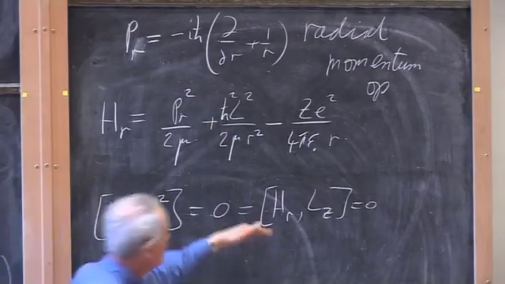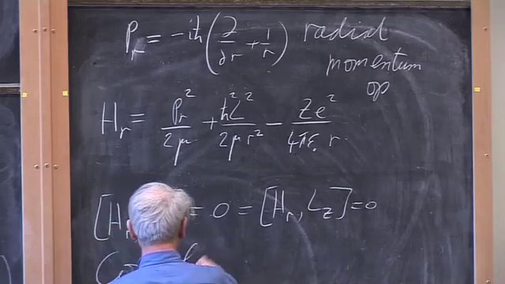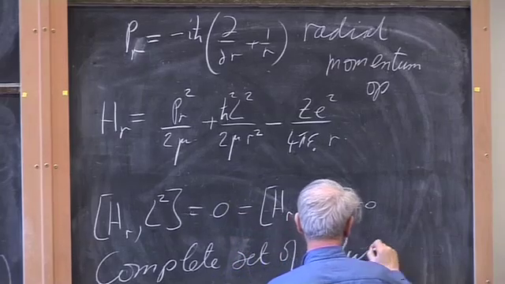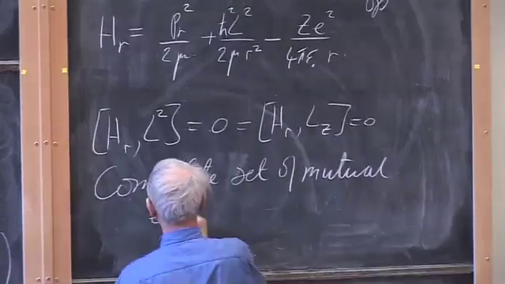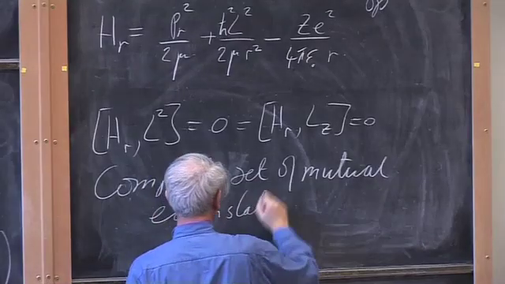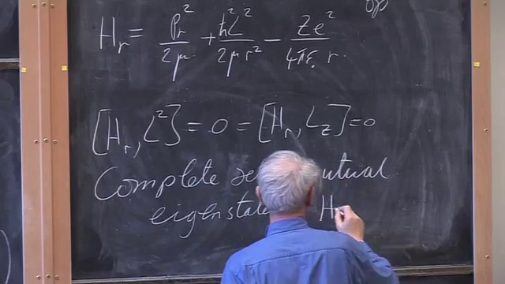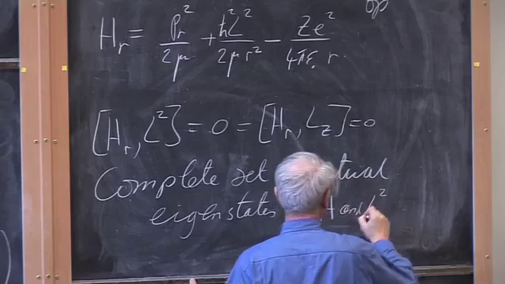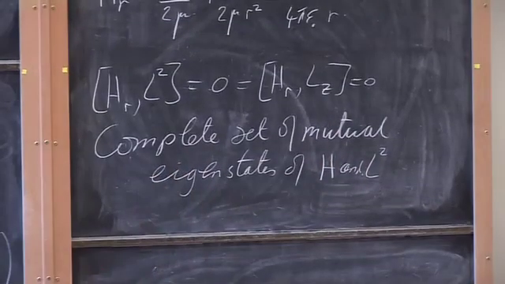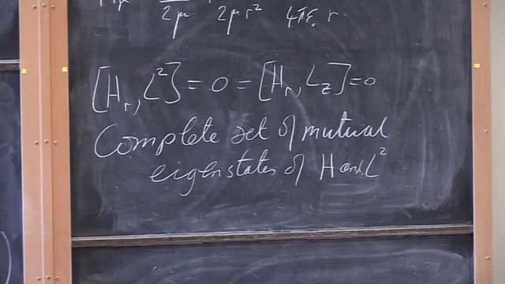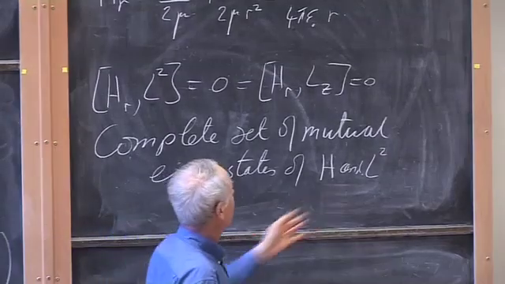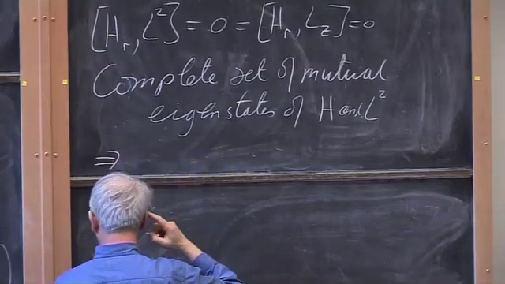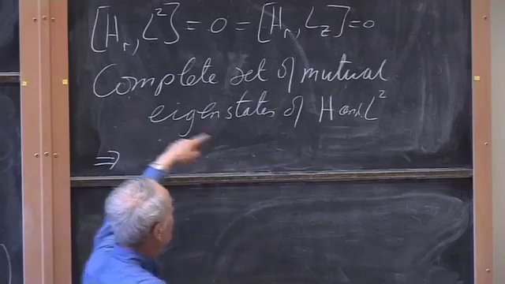So what do we learn from this? There's a complete set of mutual eigenstates of H and L squared. But we know all about the eigenstates of L squared. We've studied them ad nauseam, right? Which means that it's legitimate to say, now it is not true that every eigenstate of H is an eigenstate of L squared.